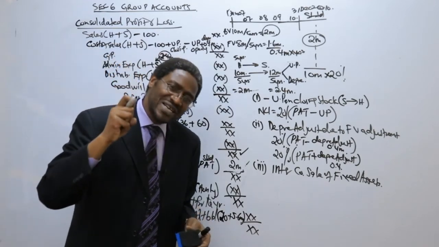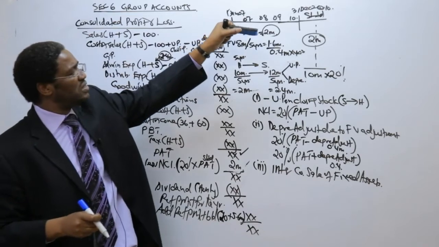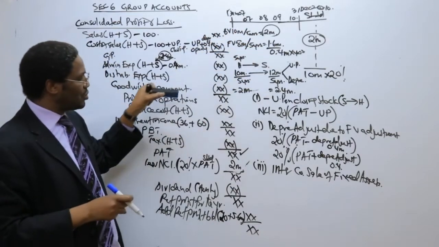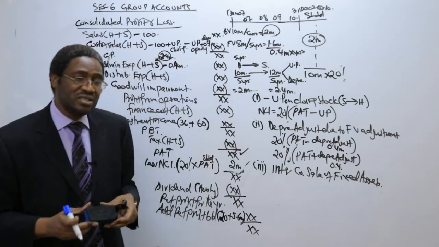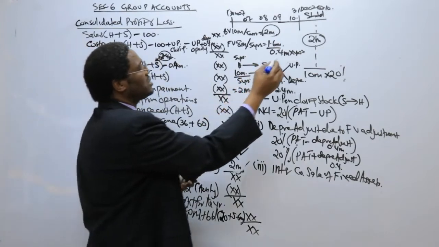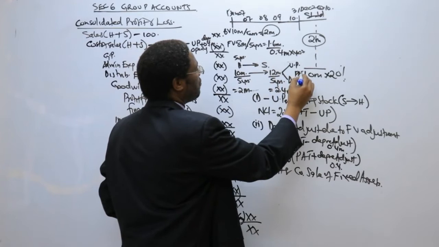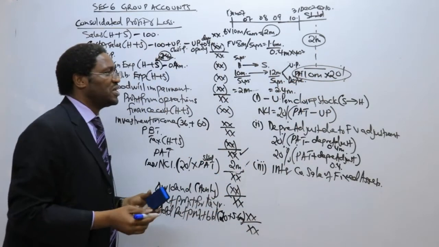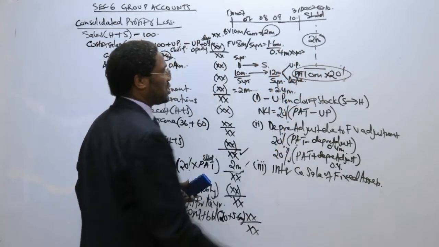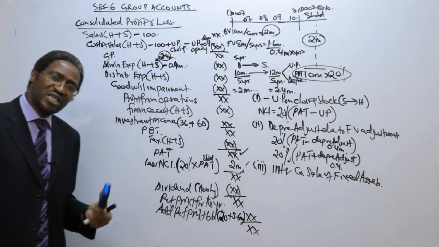My concern is, how does it affect the determination of the non-controlling, or what we call minority interest? In such a case, you can't just take 20% of the profit after tax of that subsidiary. You only do that if there are no issues.